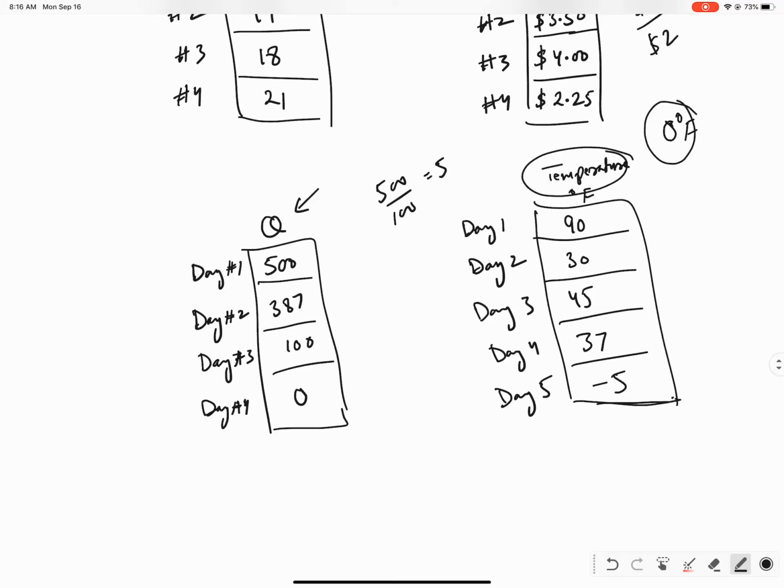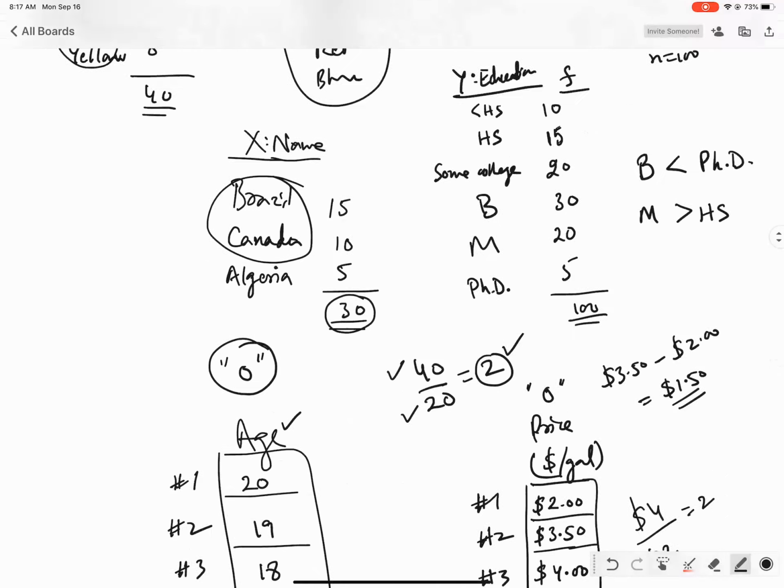Similarly, if I were measuring temperature in degrees Celsius, I cannot say that the day it was 50 degrees centigrade, it was twice as hot as the day it was 25 degrees centigrade. This ratio cannot be interpreted because this is an interval variable. This is an incorrect statement. So that's what an interval variable is.